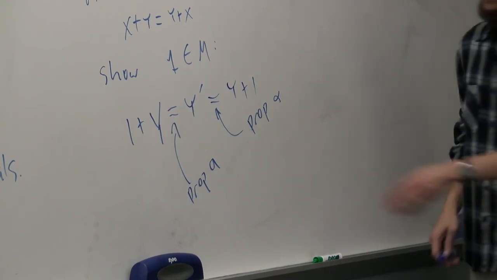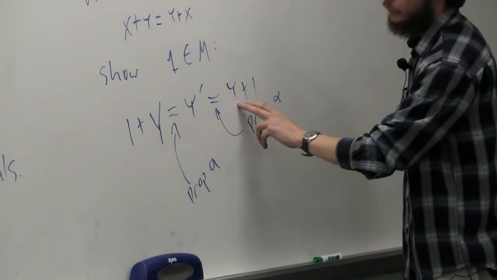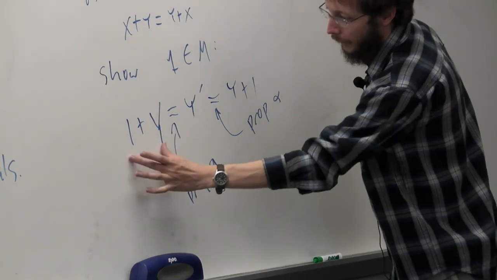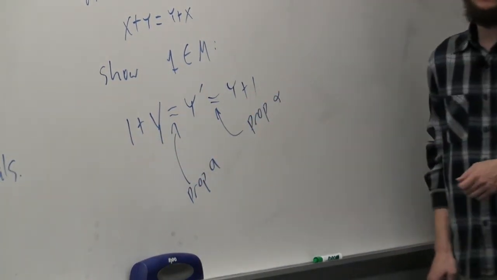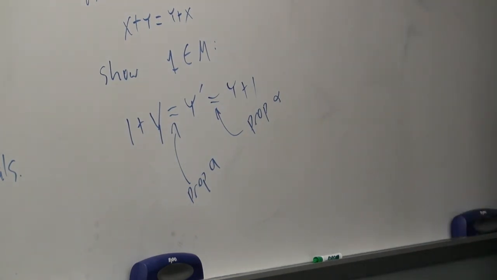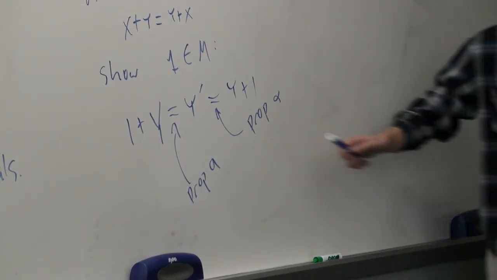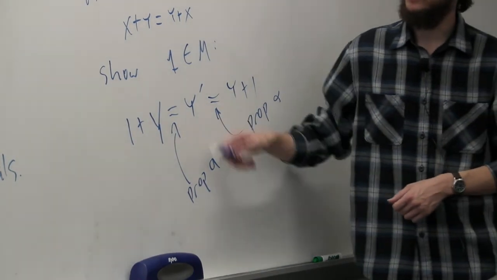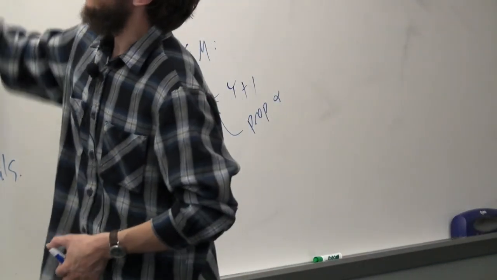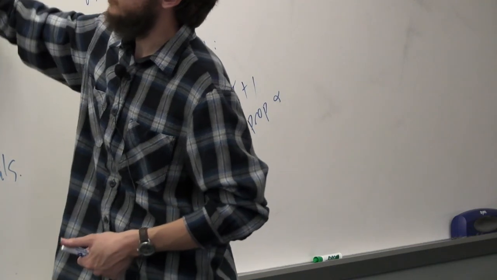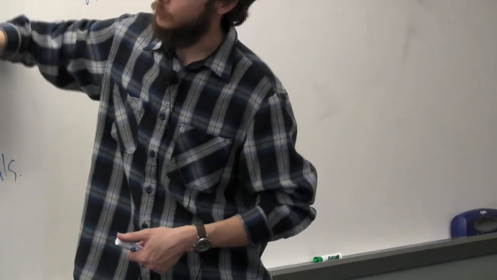So what have we done? No matter what y value you have, if you add 1 plus y, that's the same thing as taking y plus 1. See how I'm writing, for pretty much every equation, something about why we know it's true? This is true by the inductive assumption. This is true by property beta.